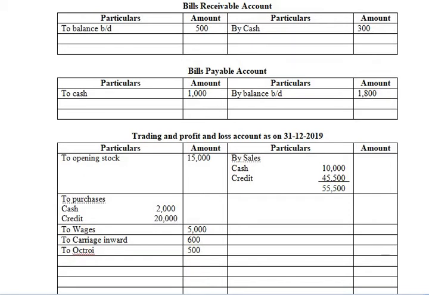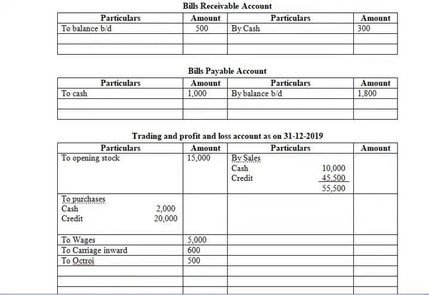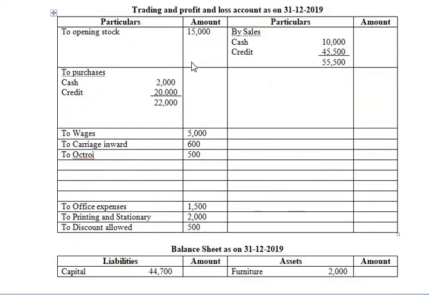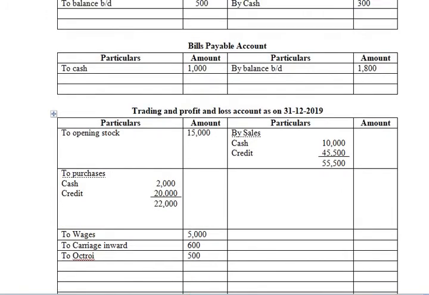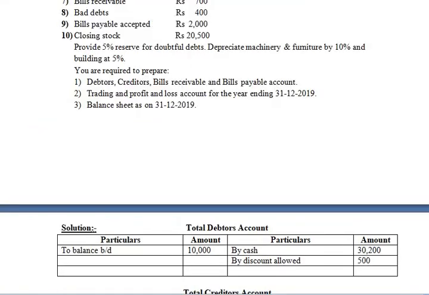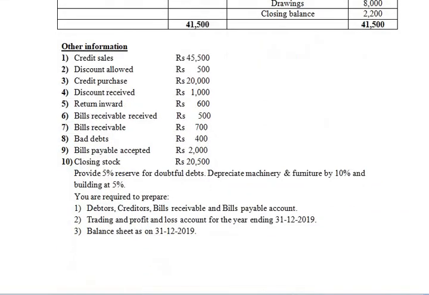Once you write the amount, the cash purchase is over, credit purchase is over. If there is any purchase return, then you will deduct that particular amount. So we will leave a little space and then write the amount because we also have purchase return. Okay, so amount is 22,000. We'll write it in the inner column because we also have purchase return.